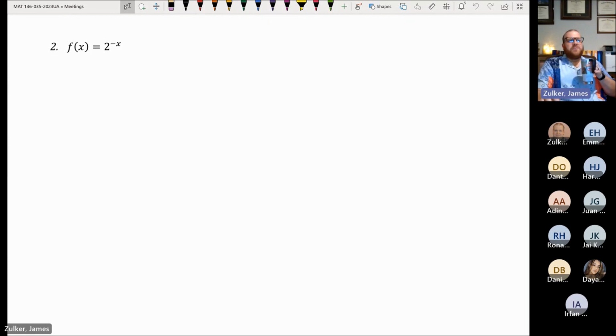To be base 2, it would have to be 2 to the x. So it'd be base 1/2, because you can write it as 1/2 to the x power.